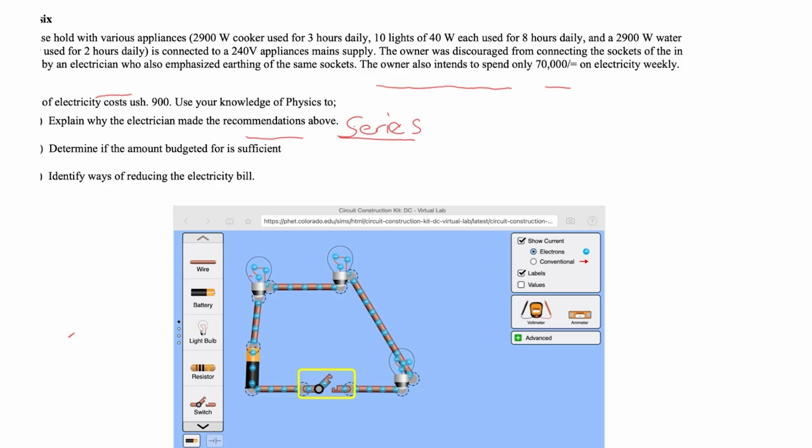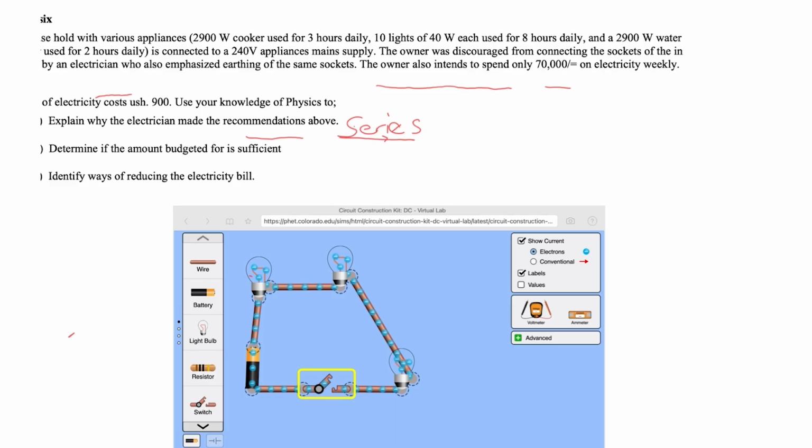Let us first identify and study what really is the series connection of electrical appliances. In this animation, I want us to recognize and study the features of a series connection and what a series connection is.